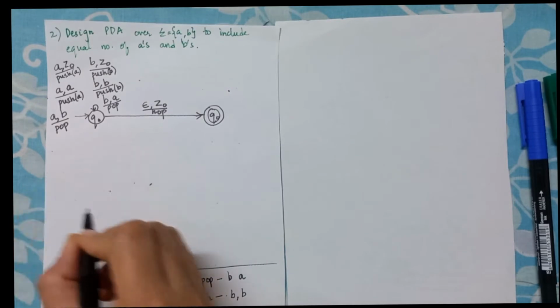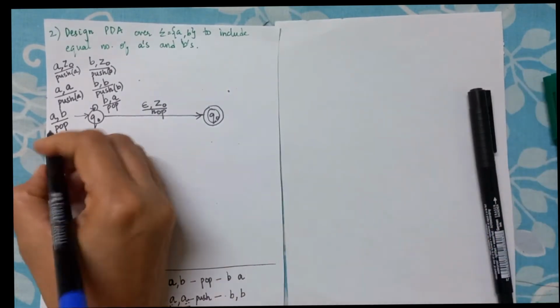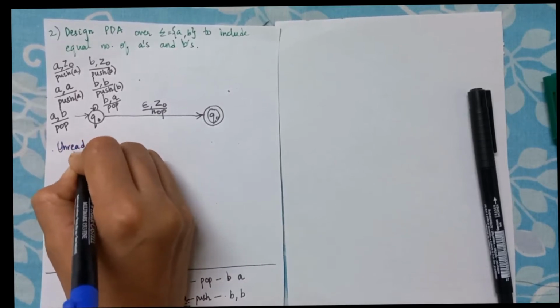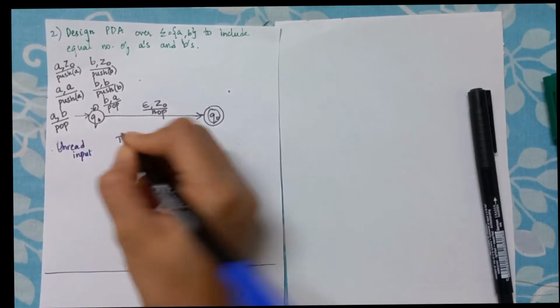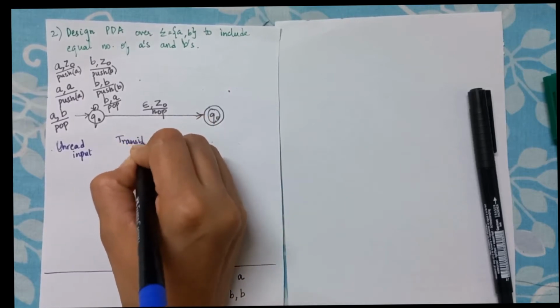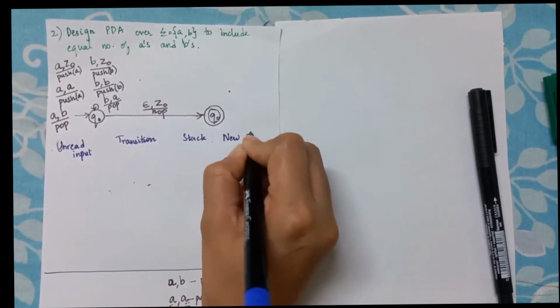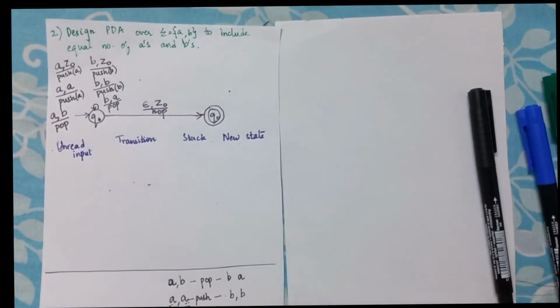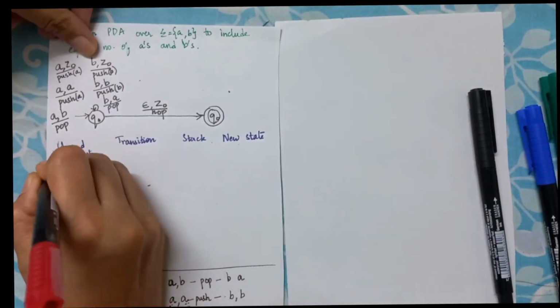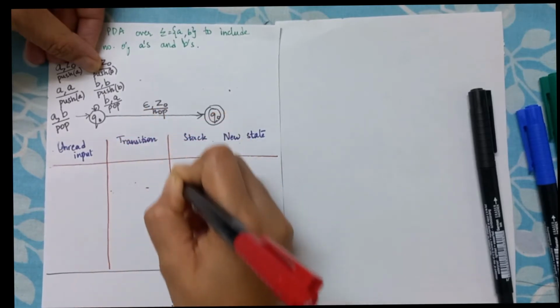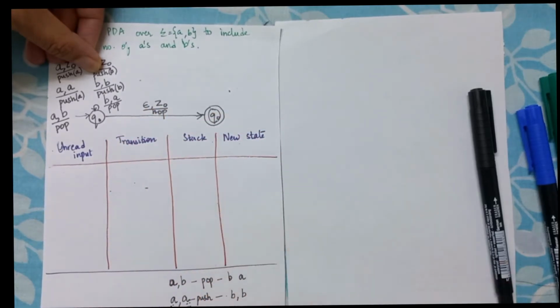Now let us consider one example. Consider the table with input, transitions, stack and the new state. Consider the string is ABAB.